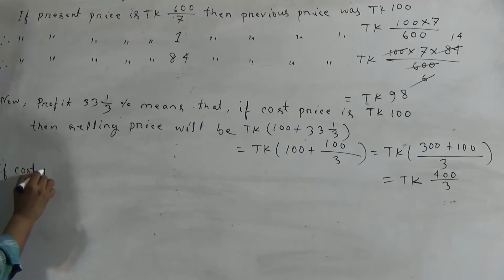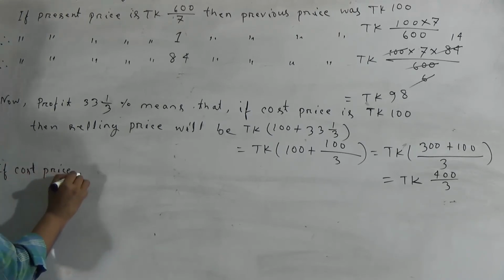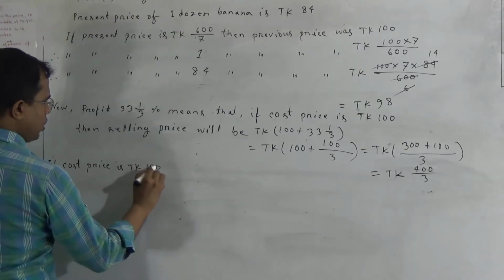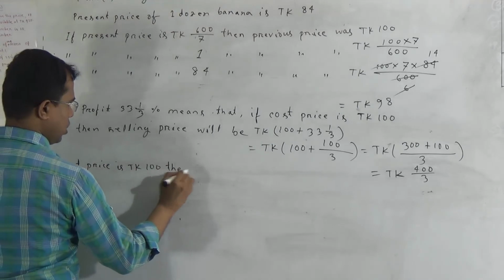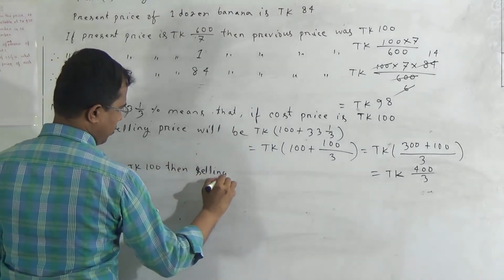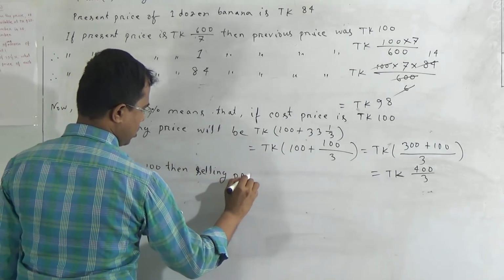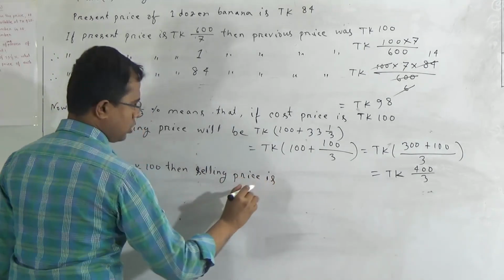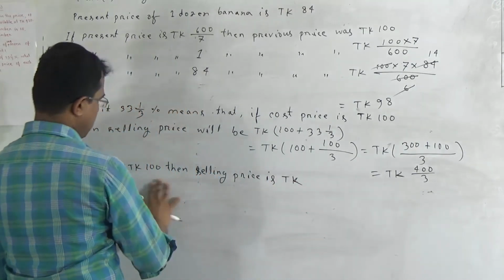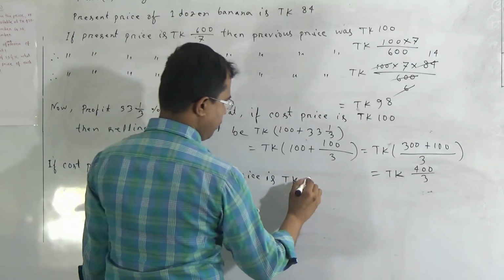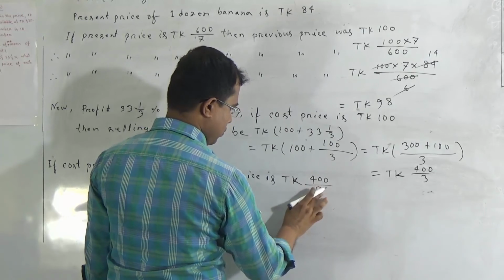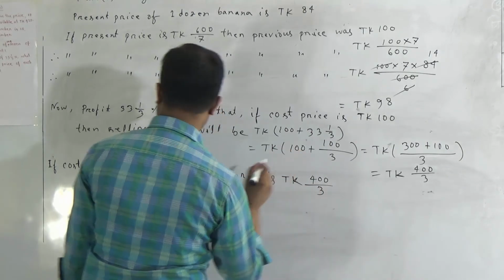If cost price is TK 100, then selling price is TK 400 by 3.